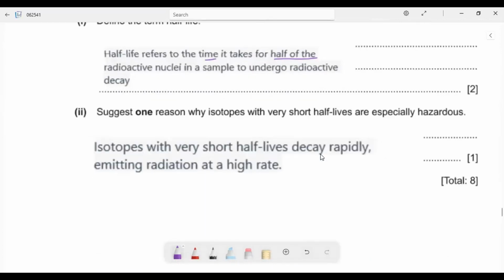Suggest one reason why isotopes with very short half-lives are especially hazardous. Because they emit the radiation at a higher rate. In a short span of time, the radiation emitted will be more. That's why it is more hazardous.